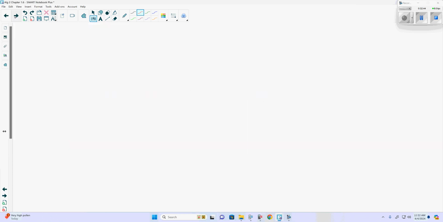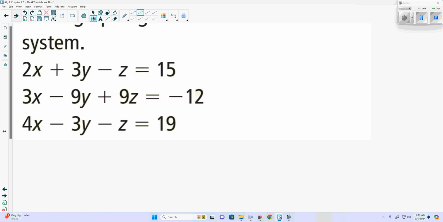So, we're ready to look at another one of these. We're given a system of equations. We need to write it as an augmented matrix first. Well, we have to have it as an augmented matrix to put it into the calculator.